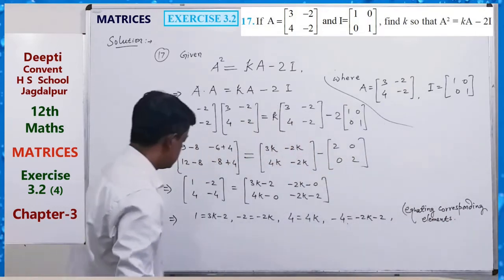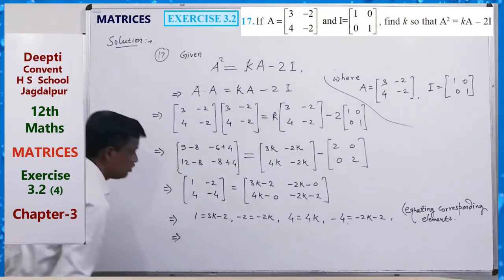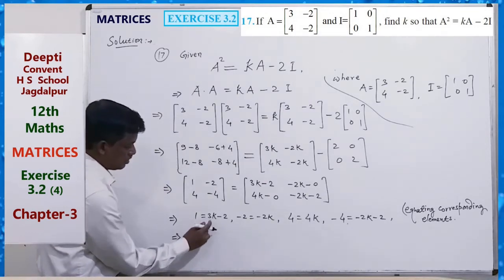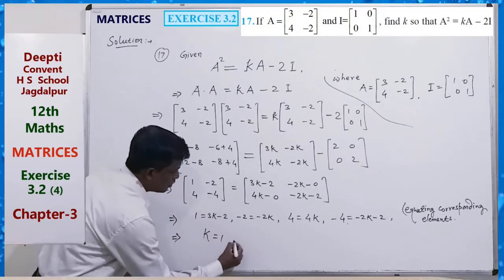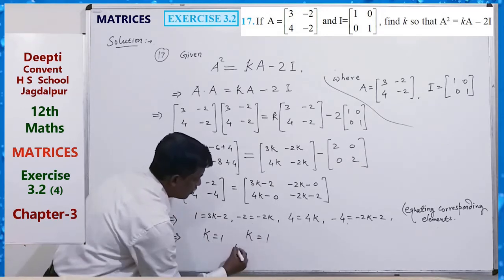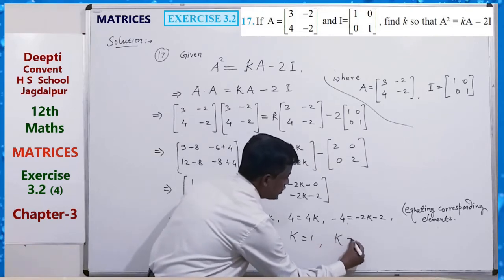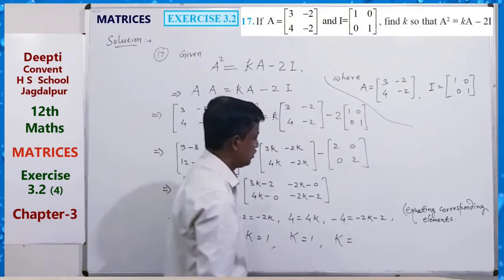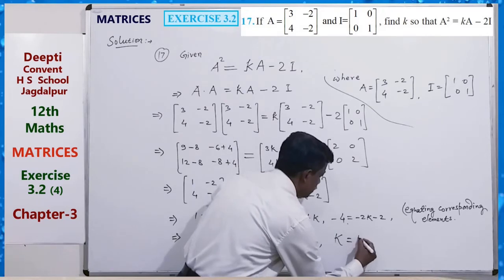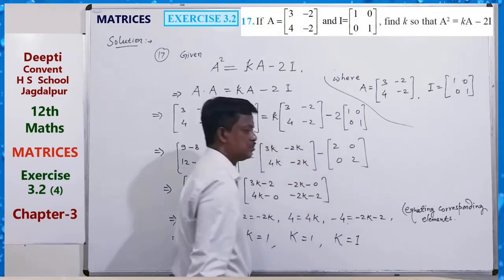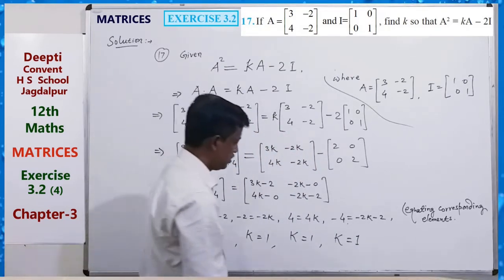Okay, just solve it. We can see that here k equals 1, here k equals 1, here k equals 1, here k equals 1. So the value of k is 1.